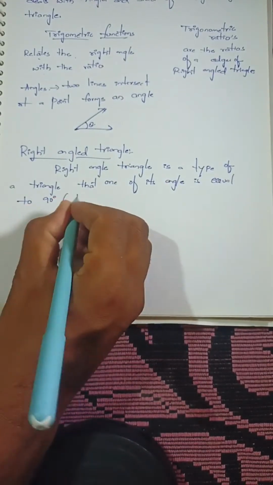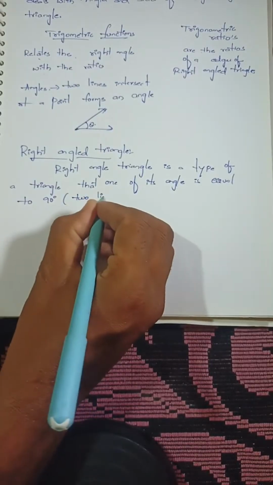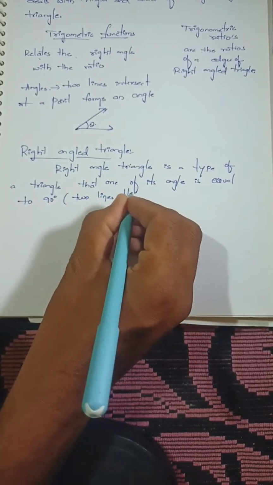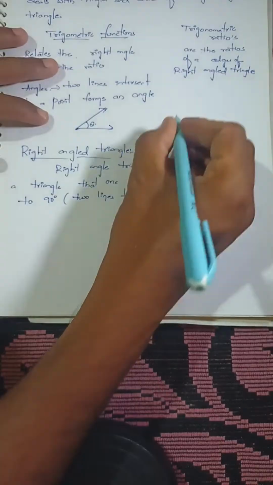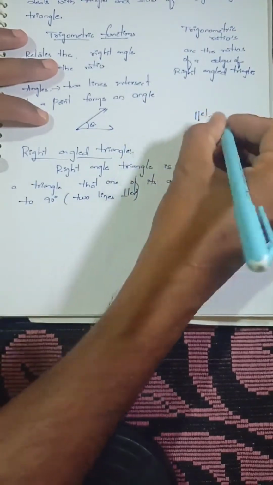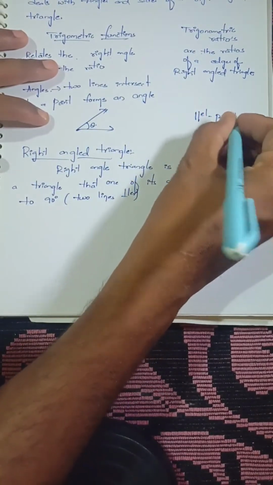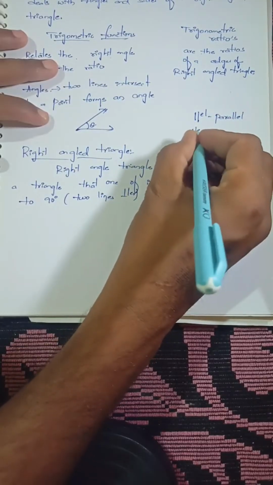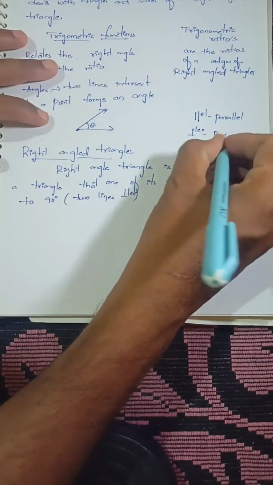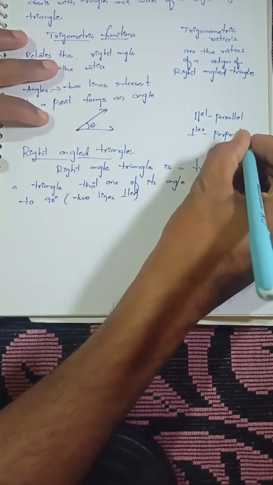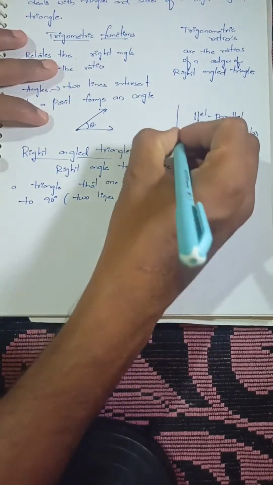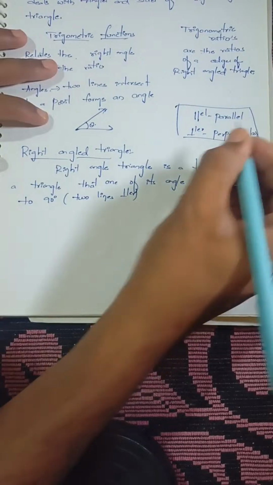For example, two lines perpendicular. This is the short form of parallel, and this is the short form of perpendicular. So please keep that in mind clearly. So how to write the parallel and perpendicular symbols?